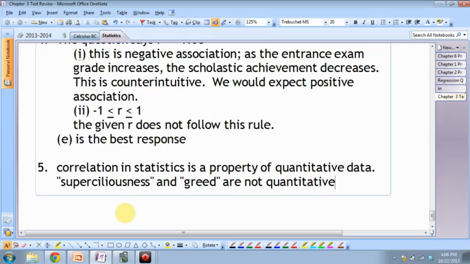No, not necessarily. Because this doesn't have a quantitative data set, that's why. These are not quantitative variables. And I think we're good there.